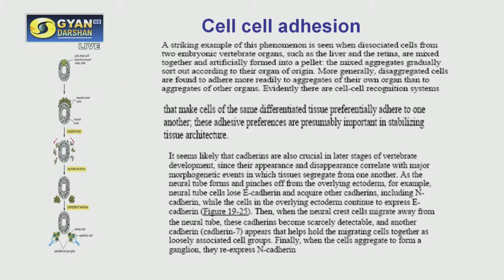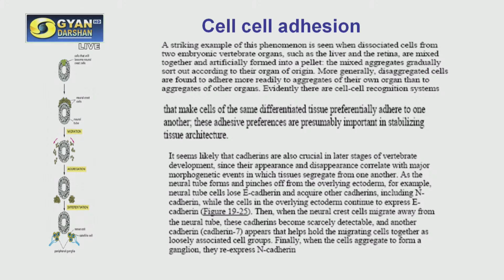Now, when there is an embryo formation, there is no demarcation of the cells. Like one cell which is destined to form the notochord, and another cell, let's say, is destined to form some other cell.